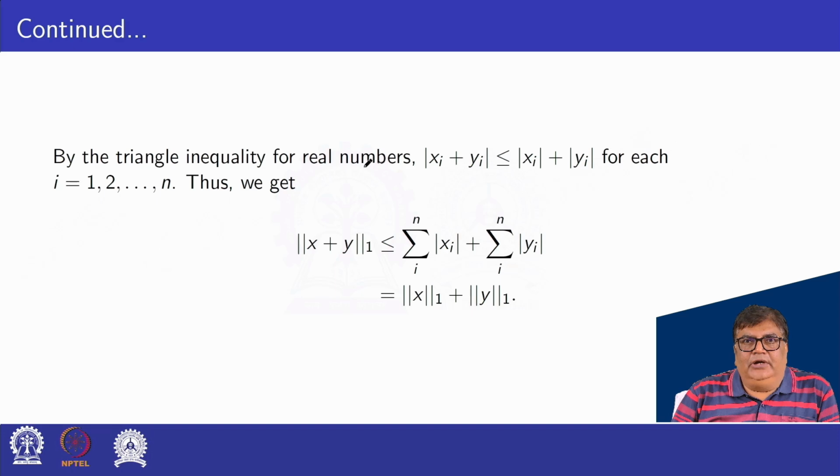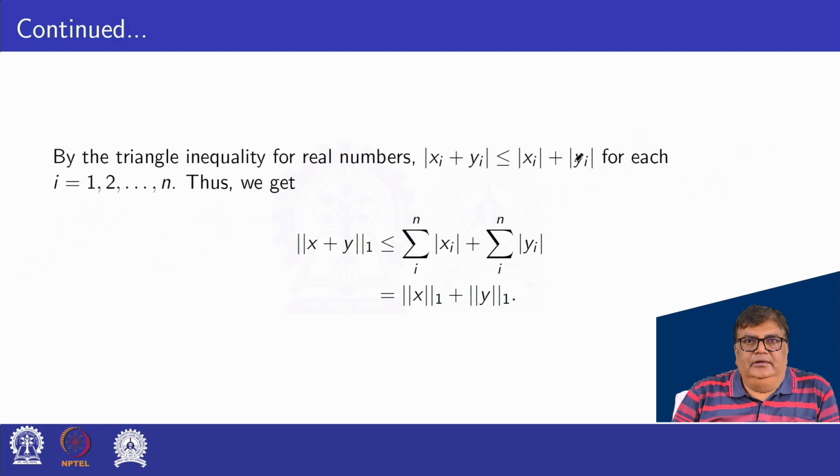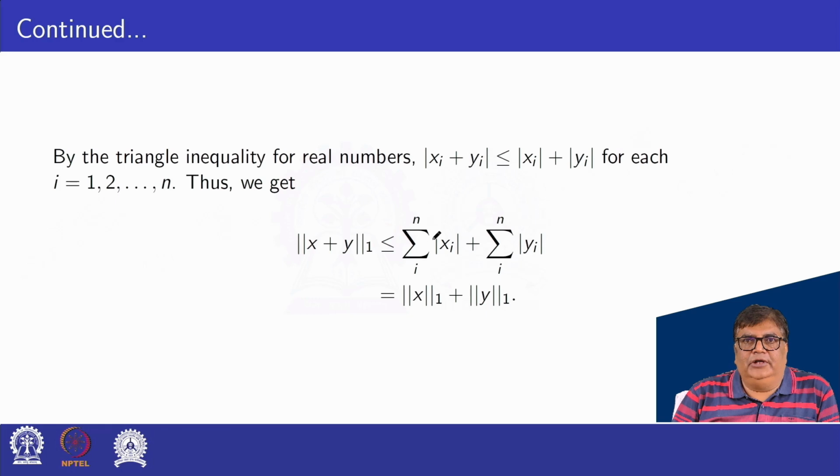By the triangular inequality of real numbers, |xi + yi| is less than or equal to |xi| + |yi|. Summing over both terms, norm of x plus y is less than or equal to summation |xi| plus summation |yi|.